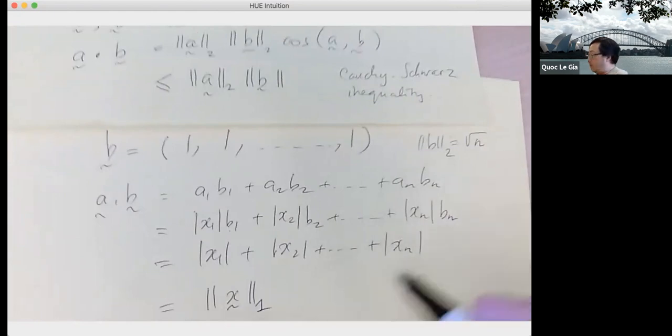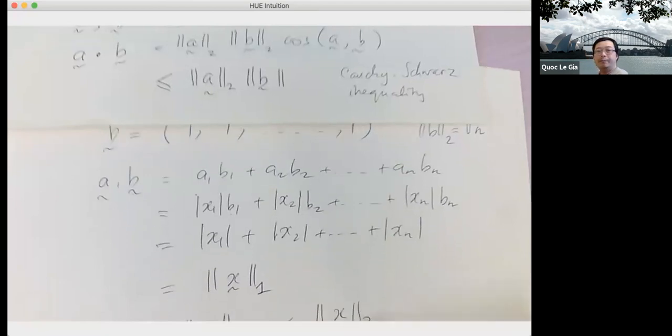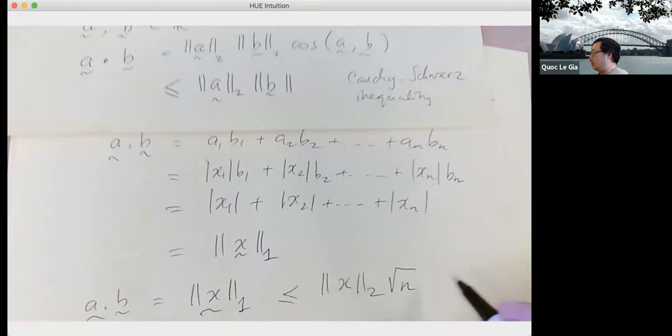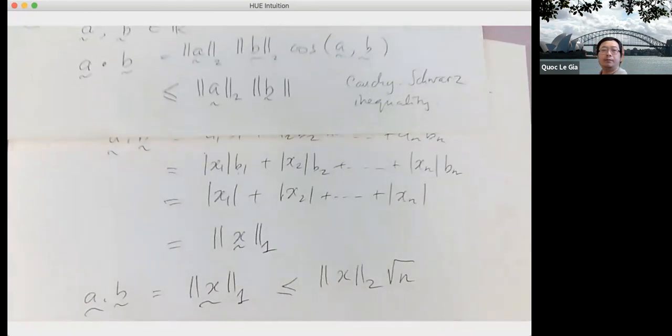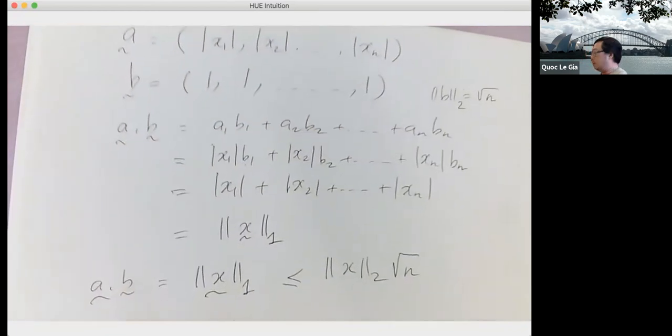Therefore, if you apply the Cauchy-Schwarz inequality, A dot B, which is the 1 norm of x, is less than or equal to the length of the vector x in the 2 norm, times square root n. So that is exactly the inequality. That is the trick: you choose A and B in a special way, so that you can apply the Cauchy-Schwarz inequality.